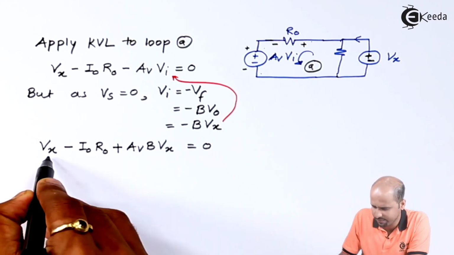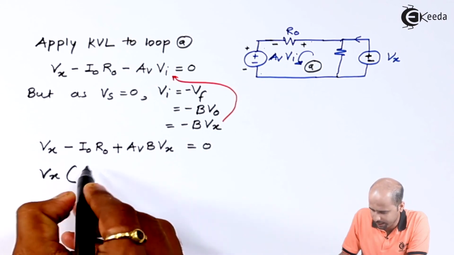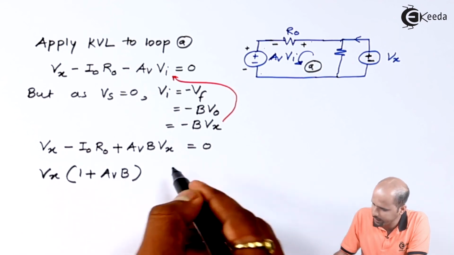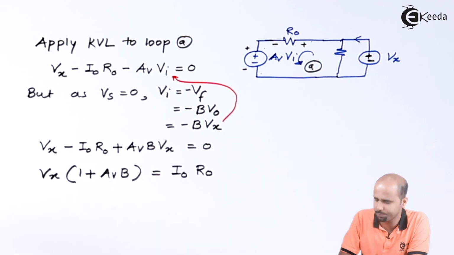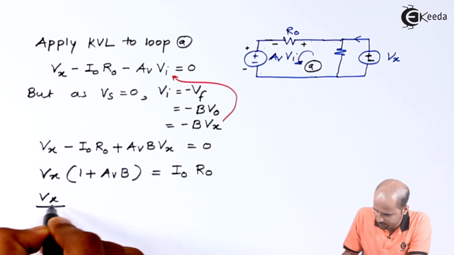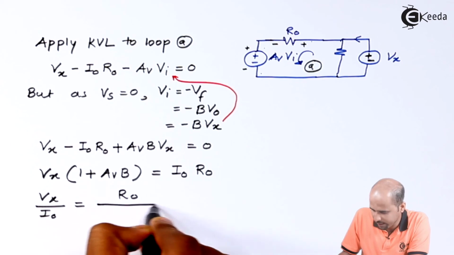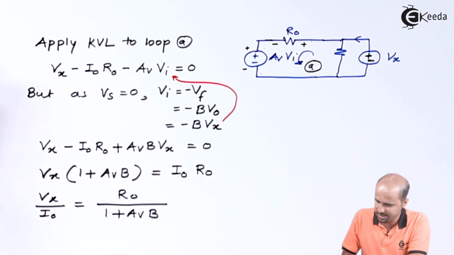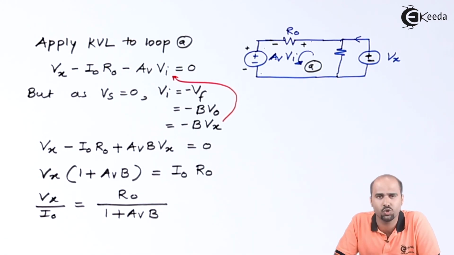Vx I'll take common, and Vx in bracket 1 plus AV into B will become equal to IO into RO. Now I can say that Vx divided by IO is equal to RO divided by 1 plus AV into B. This is your formula for output resistance with feedback.